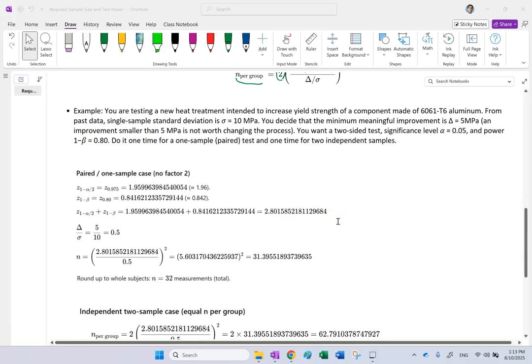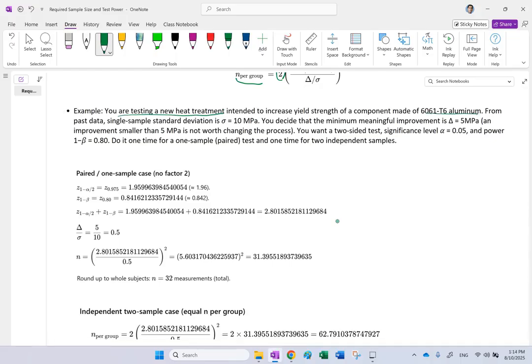So let's say you are testing a new heat treatment on some metal, in this case 6061-T6 aluminum. Your goal is to increase the yield strength of this material. From the past data, you know that for a single sample the standard deviation, sigma, was about 10 megapascal.